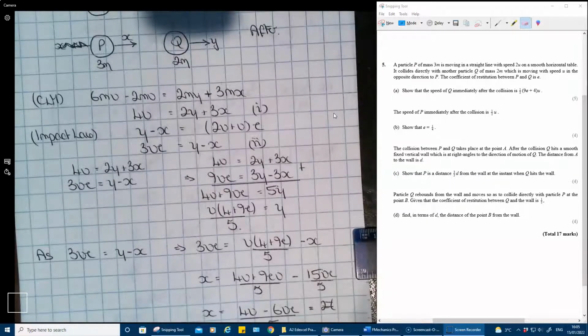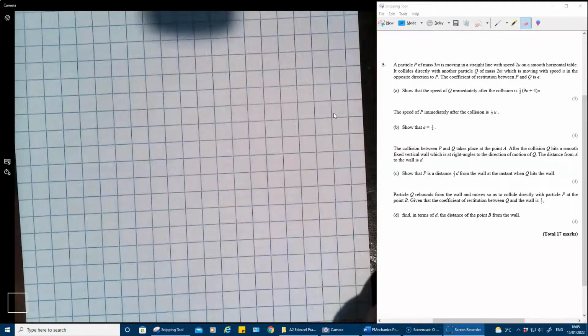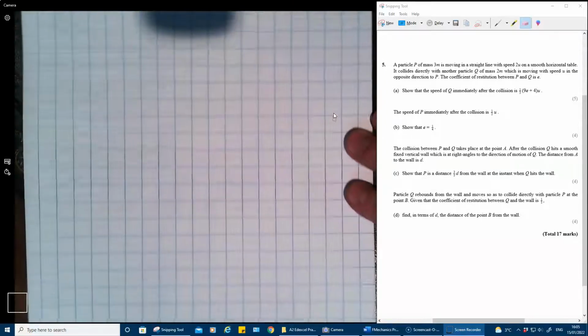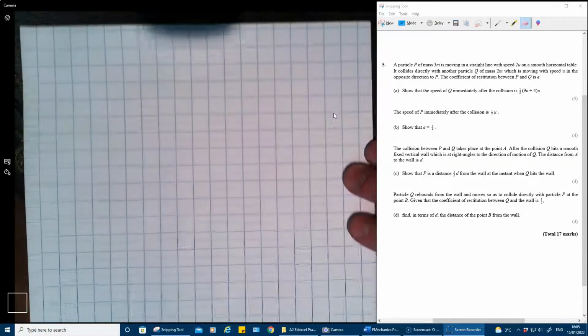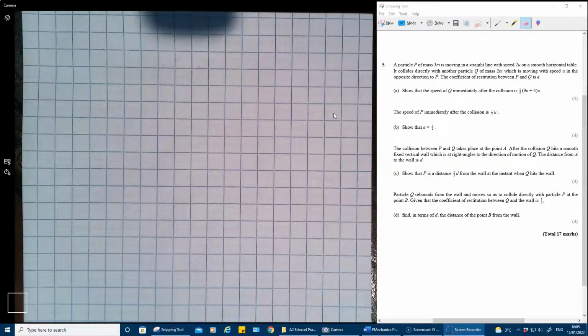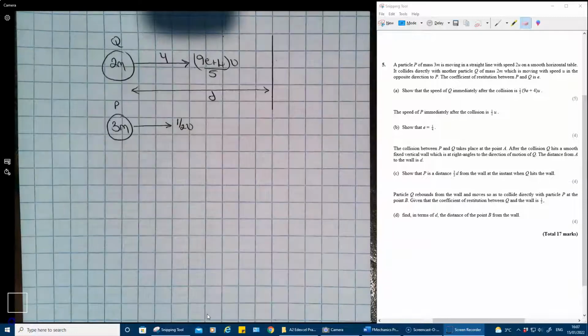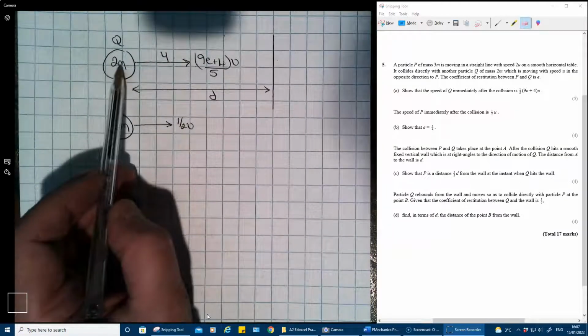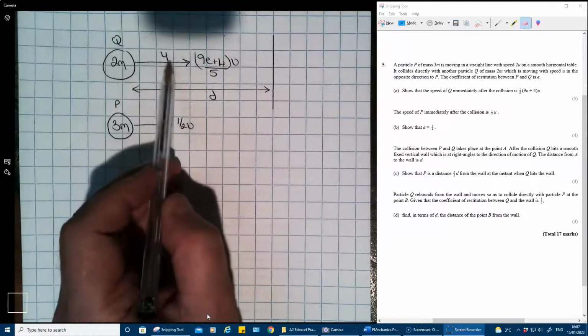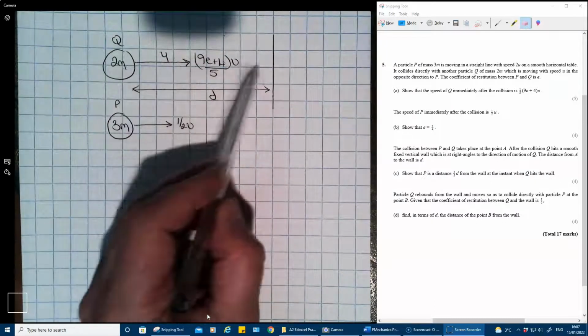Okay, so now the next bit, the collision at the point A. Okay, right, so we now have 2m moving with a velocity y, which is this, towards a wall.